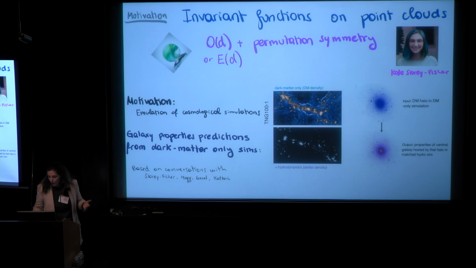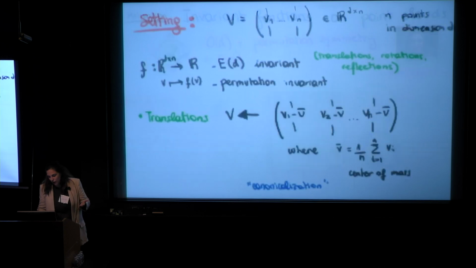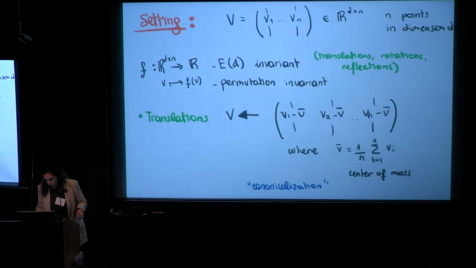And in particular, something that she had was massive point clouds. So we want to be efficient. We want to scale linearly, if possible, with the number of points. So in this setting, mathematically, we have n points in dimension d.